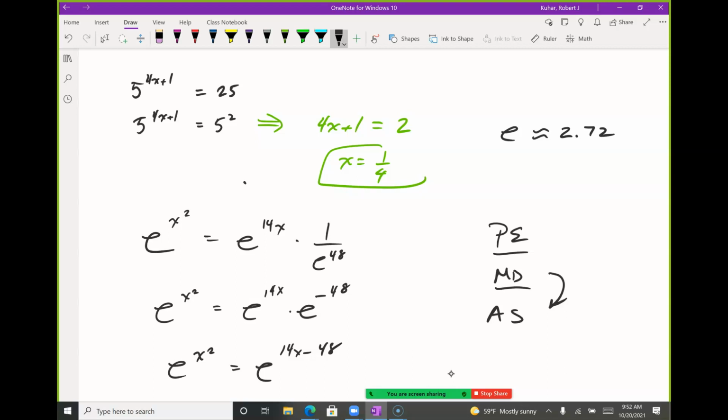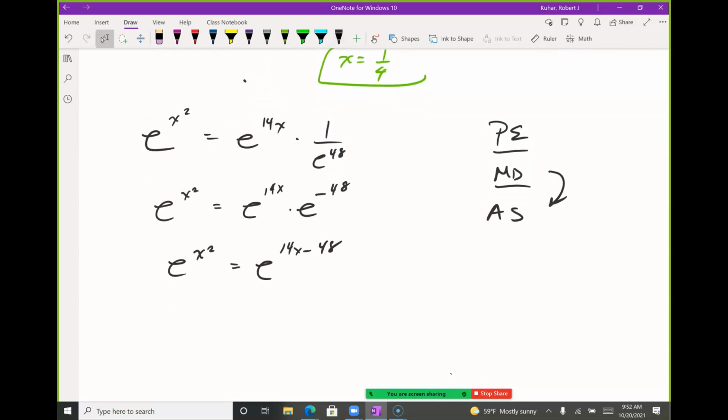You always go down a level for those exponential pieces. When I'm adding like bases, what do I do with the exponents? Like x squared plus x cubed, what do I do to the exponents? Nothing. When I'm multiplying, I add.